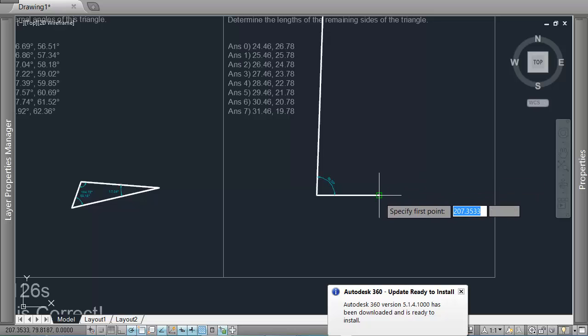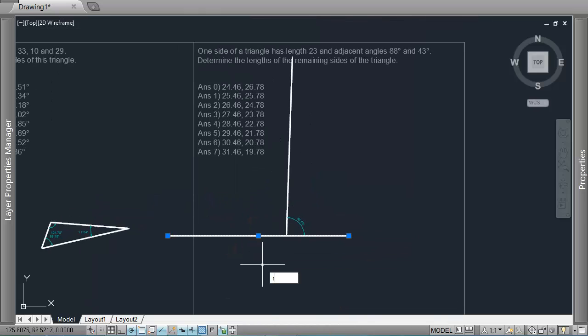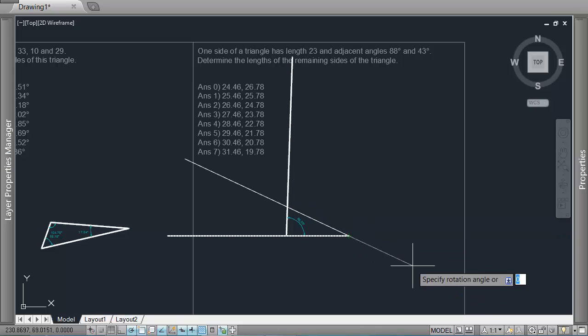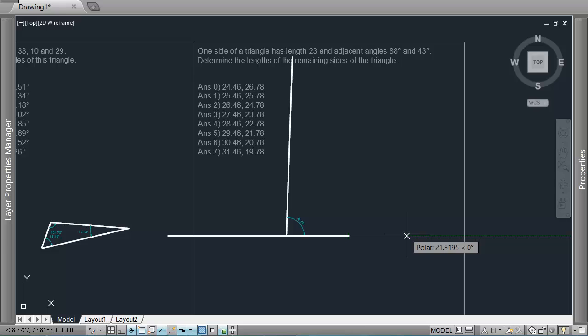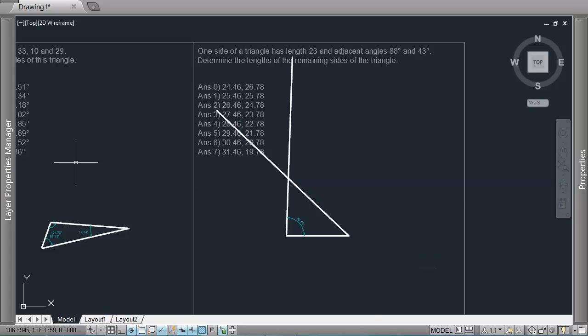So what I can do, if I draw a line from that point there, I'm just going to draw it horizontally back this way, then select that line and rotate it through 43 degrees. Remember, I want this to rotate clockwise, and AutoCAD measures angles as anti-clockwise positive. So negative 43 will provide the rotation I need.